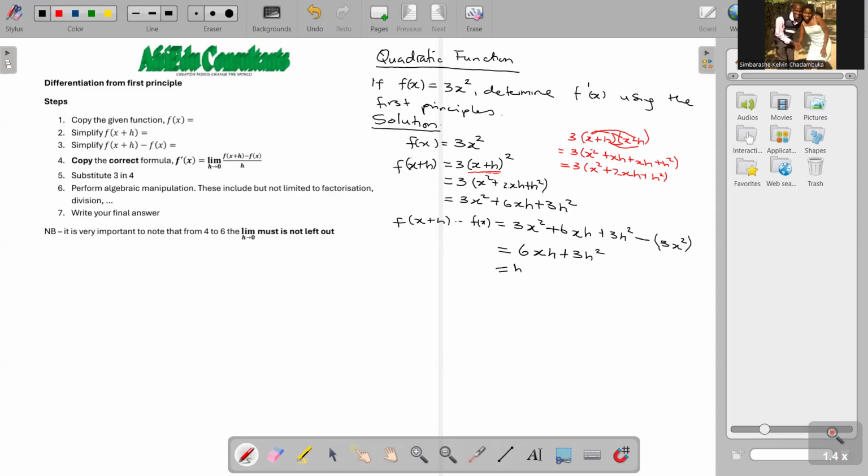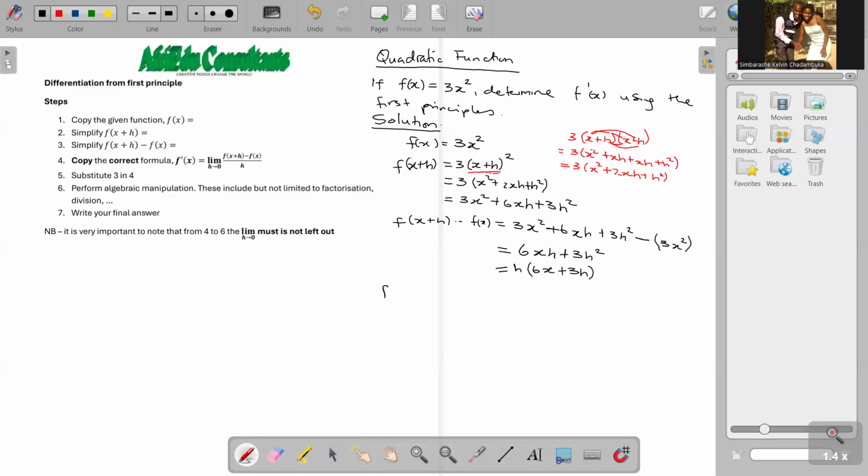So h open bracket 6x plus 3h, we close bracket. From there, we move to step number 4. Step number 4, we are now copying the correct formula.